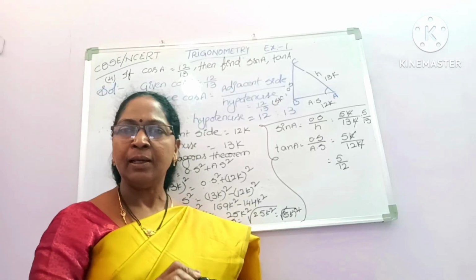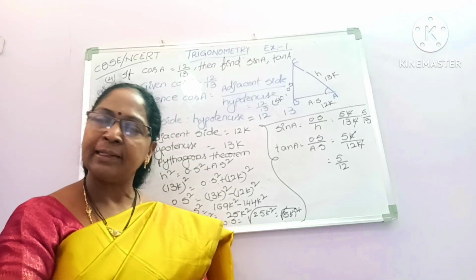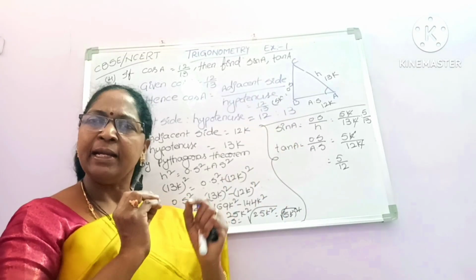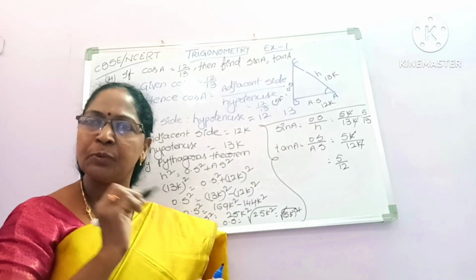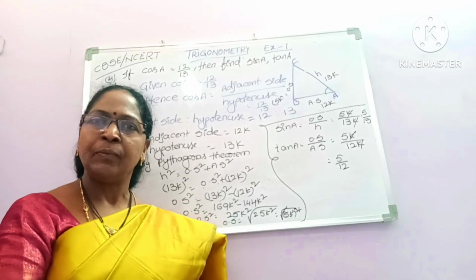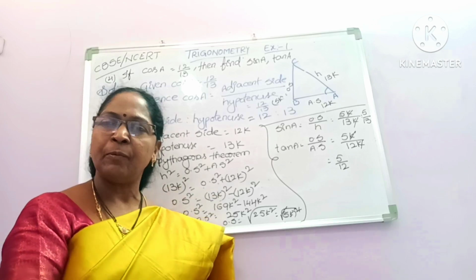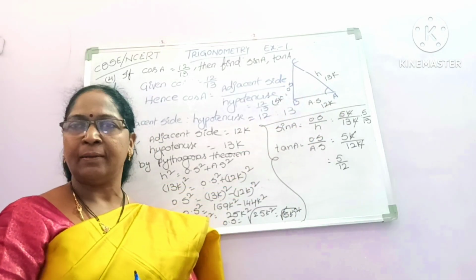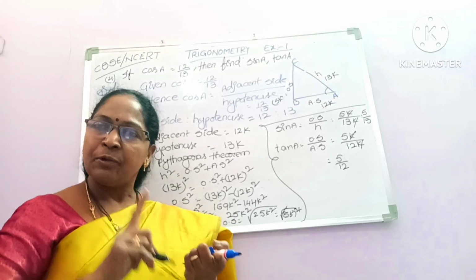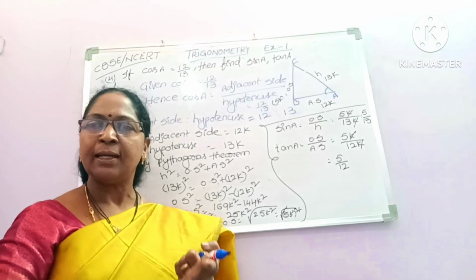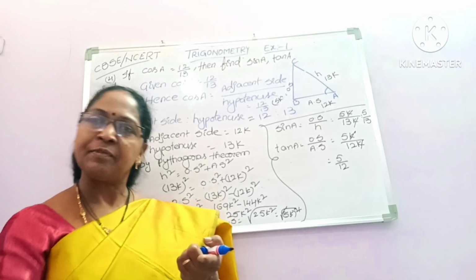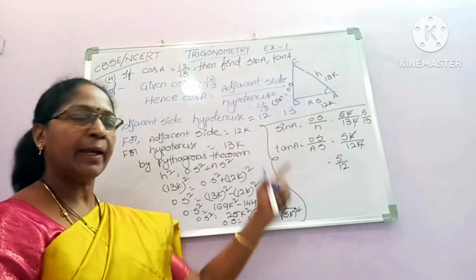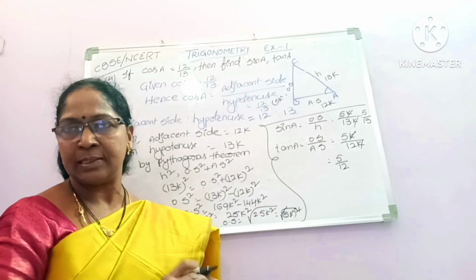You have to find the third side of the right angle triangle. For that you should use the Pythagoras theorem. By using the Pythagoras theorem you can find any other side of the right angle triangle. So the trick is to find the side value using Pythagoras theorem. After finding the side value, you can find any of the trigonometric functions.